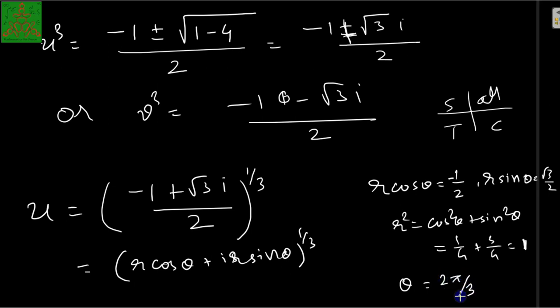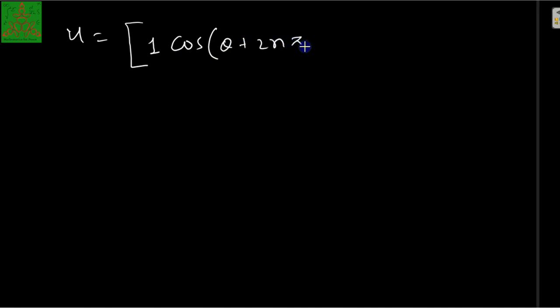So I can write r is 1 and theta is 2 pi by 3, so we can write u equal to 1 into (cos of theta plus 2n pi plus i sin of theta plus 2n pi) raised to 1 by 3.